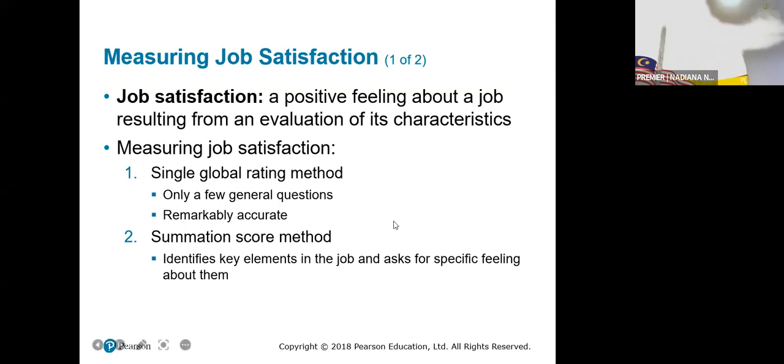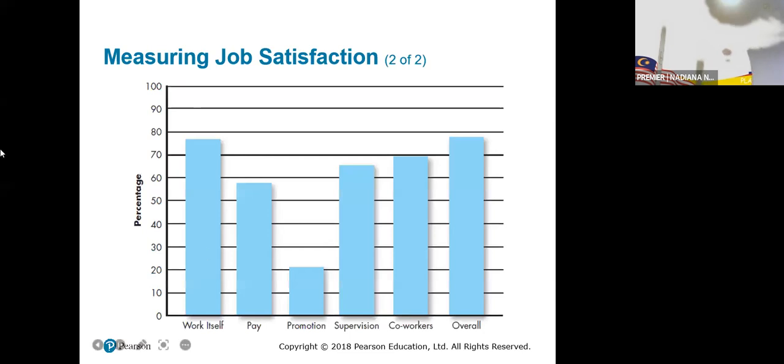Because every employee in the organization is very important. None of them is considered useless. Everybody has a very good value, a good contribution to the organization. Okay. This is measuring job satisfaction.